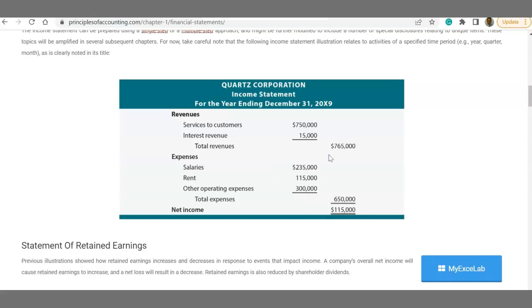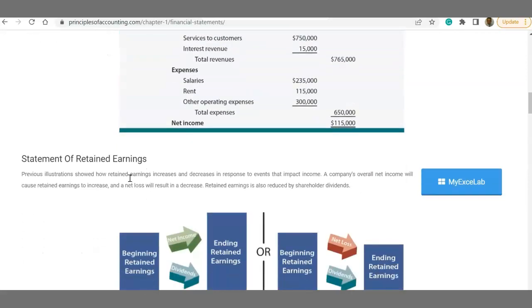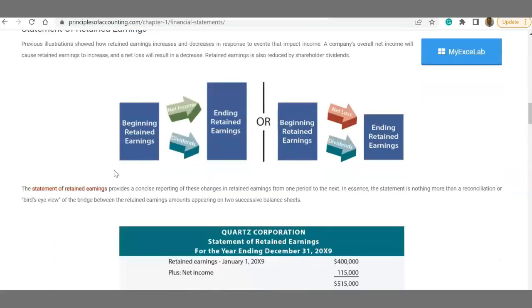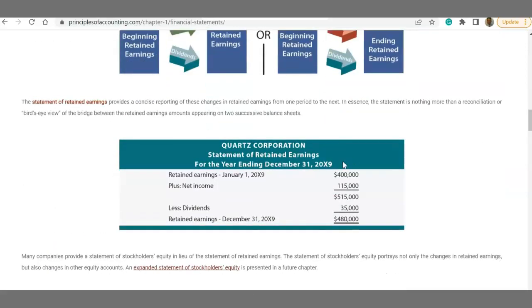And why is this number one? Because you're going to use this 115 in the statement of retained earnings, which will be number two. Here is the statement of retained earnings: company name at the top, name of the report in the middle, and proper date. This date says for the year ending December 31st, which means the last 12 months.